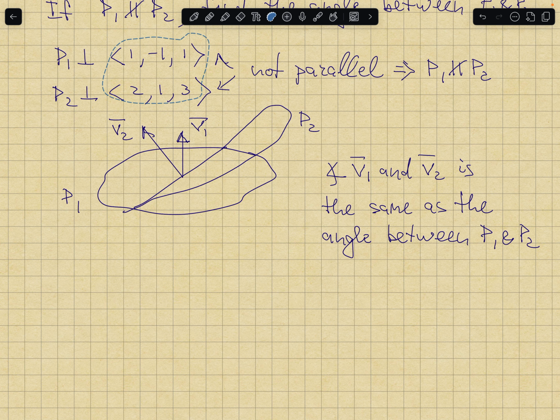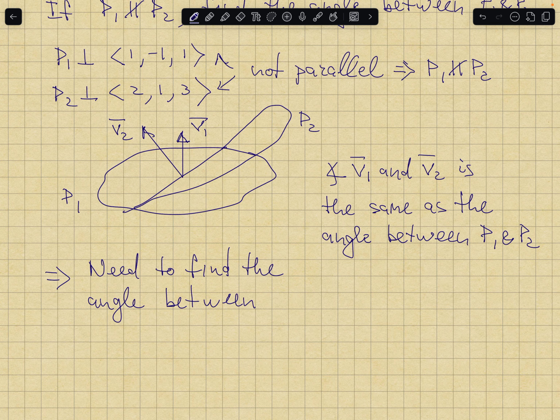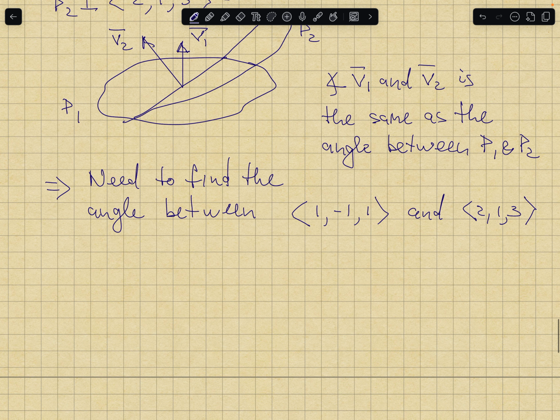So I need to find an angle between 1, minus 1, 1 and 2, 1, 3. And we already know how to do that, right? By using a dot product.